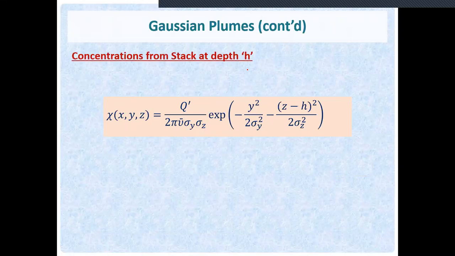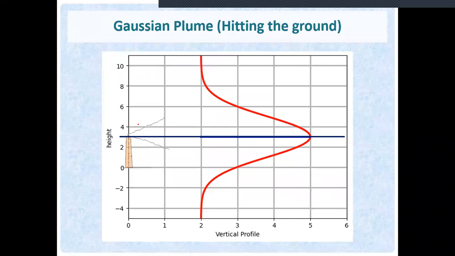Now, if we have the stack, of course, it is going to emit the pollutants at a certain height. So we have to shift the vertical component of the dispersion by h. The plume profile in the vertical plane would be like this, where the maximum concentration would be at the axis of the plume, and it will be propagating in time and in x direction.